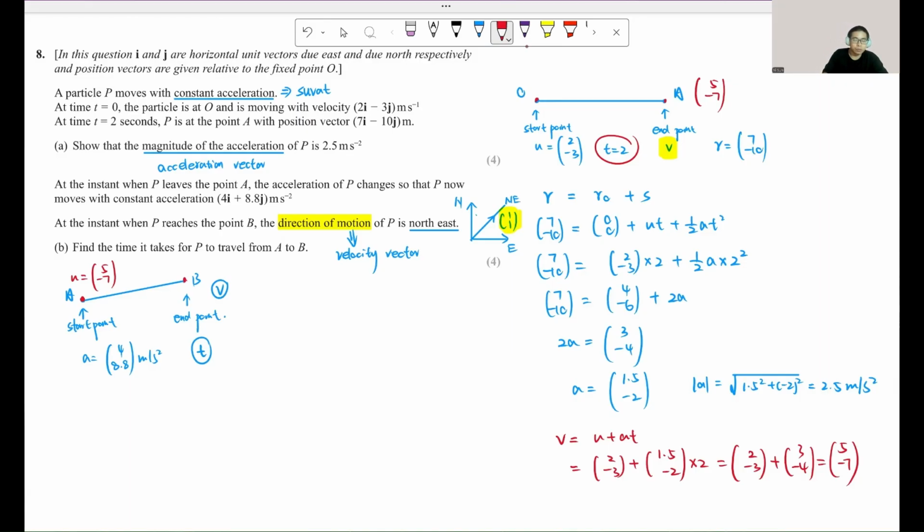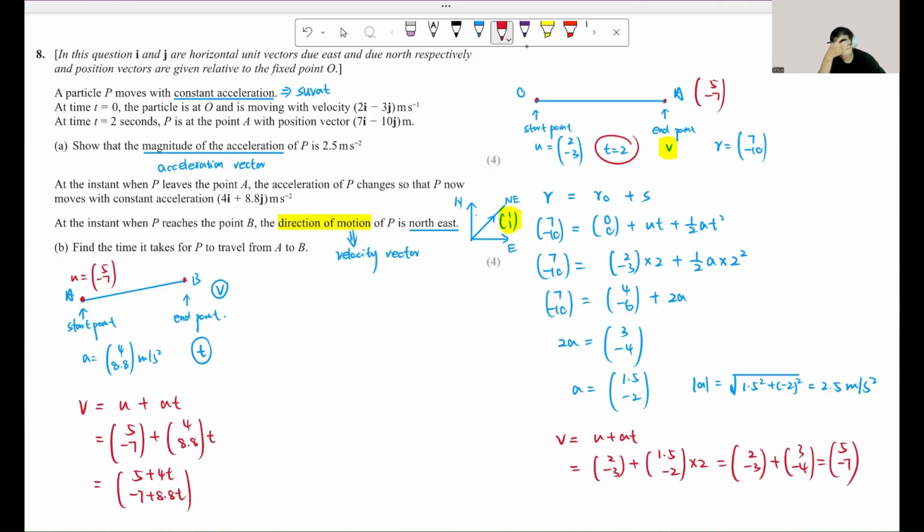Since we're looking for the velocity vector at B, V is equal to U plus AT. So U is (5, -7), and A is (4, 8.8). And then T is just T, we don't know. But if we combine them, that would be (5 plus 4T, -7 plus 8.8T).